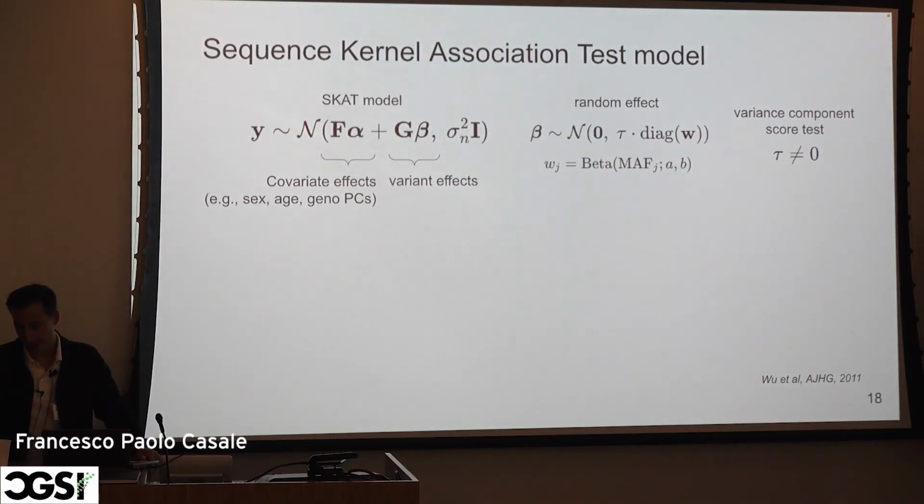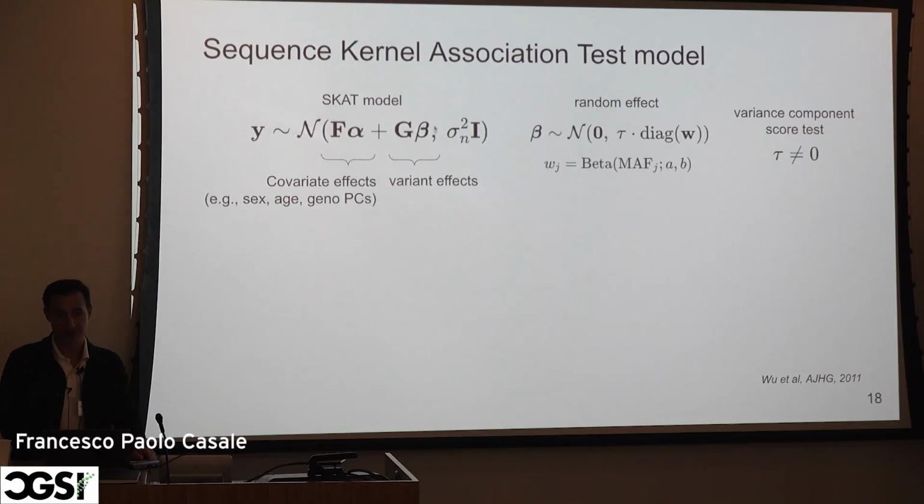Great. I've been talking a lot about burden tests. There's also another framework that is very much used in rare variant association studies: variance component models through the sequence kernel association test, SKAT. Here, again, the model is Gaussian. You have linear additive effects from covariates and all variants in the gene.